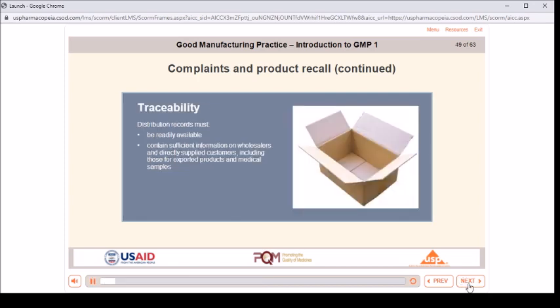Complaints and product recall. Continued. Traceability. Distribution records must be readily available, contain sufficient information on wholesalers and directly supplied customers, including those for exported products and medical samples.